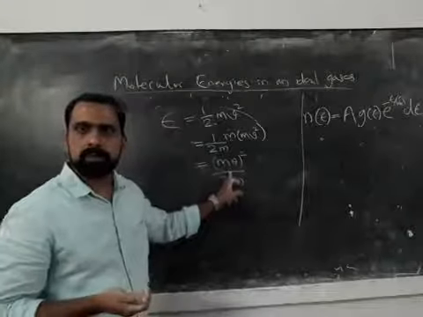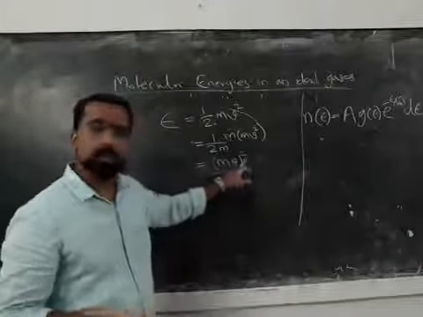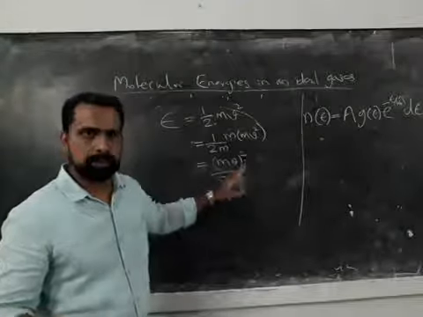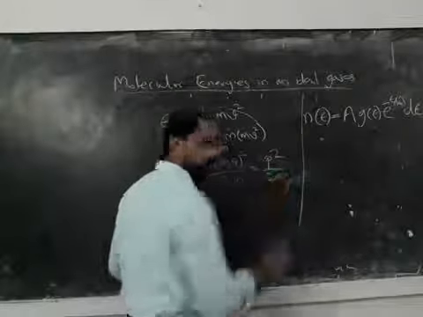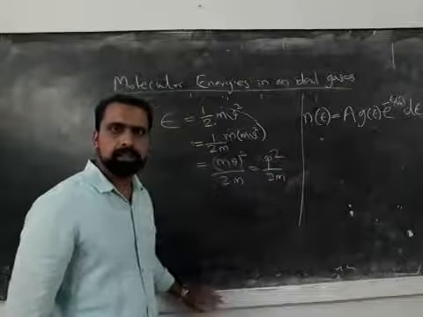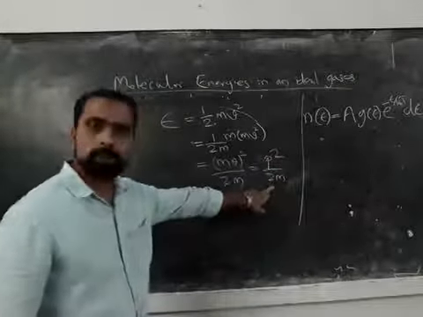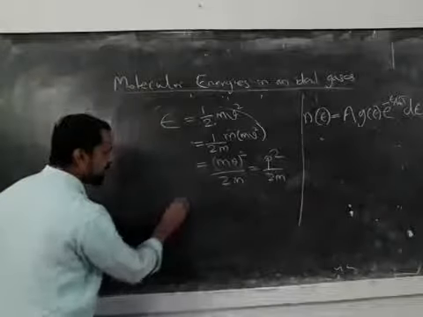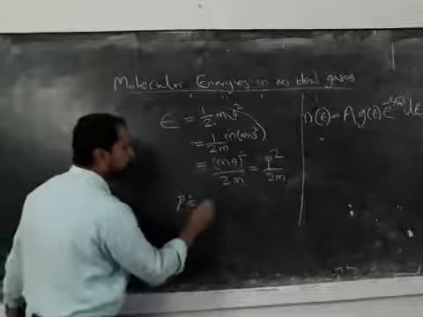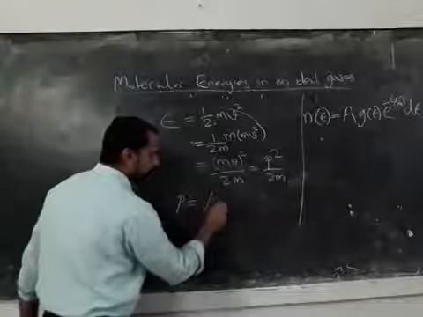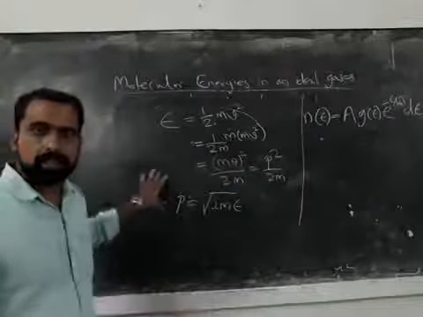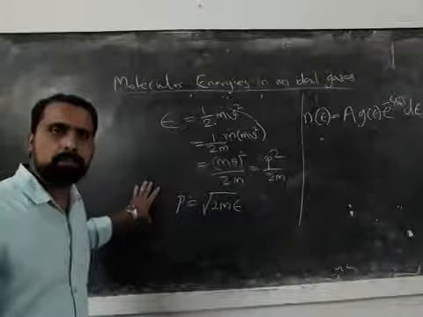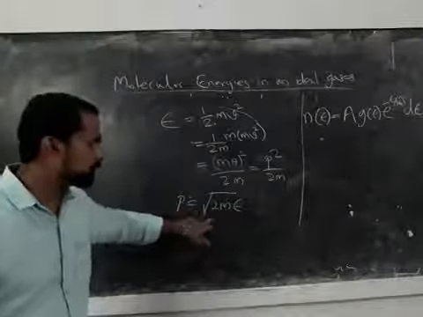What is this mv? It is nothing but your linear momentum. So we write p square by 2m, isn't it? Then the linear momentum p is equal to square root of 2m epsilon. Just keep in mind your linear momentum is equal to square root of 2m epsilon.